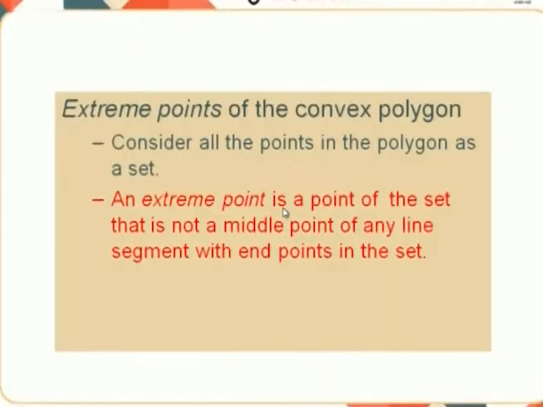The whole problem is now reduced to finding the extreme points. An extreme point is a point of the set that is not the middle point of any line segment that can be constructed.